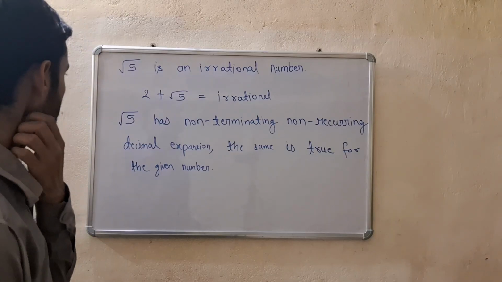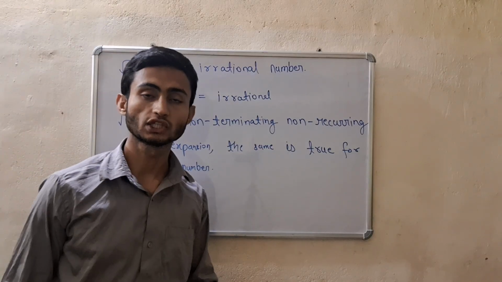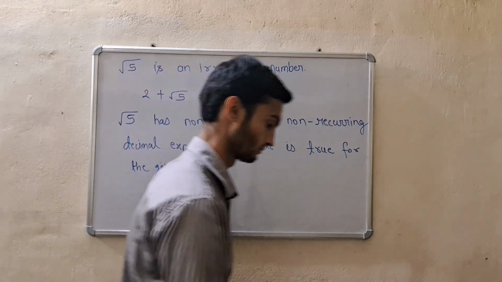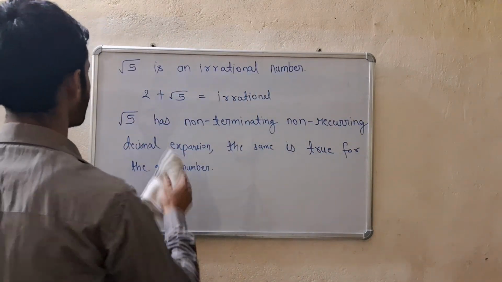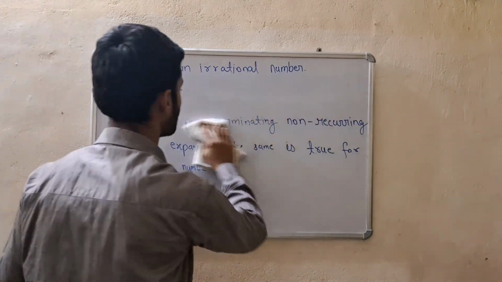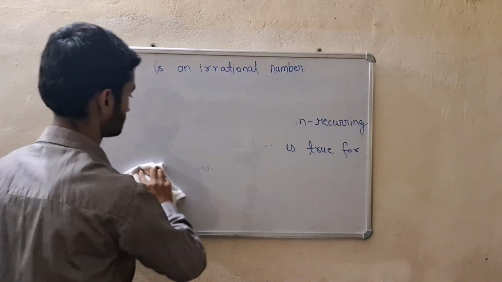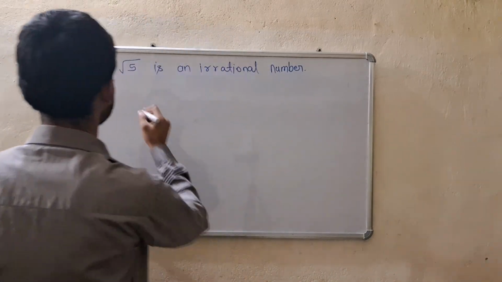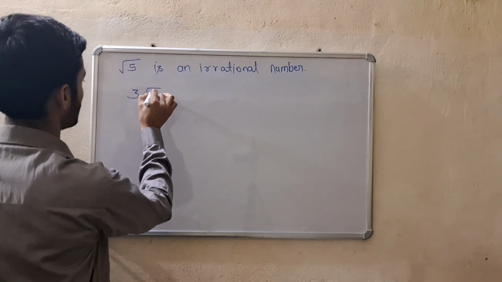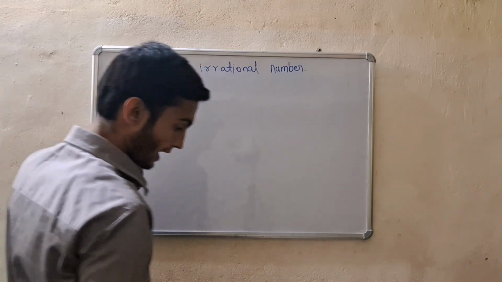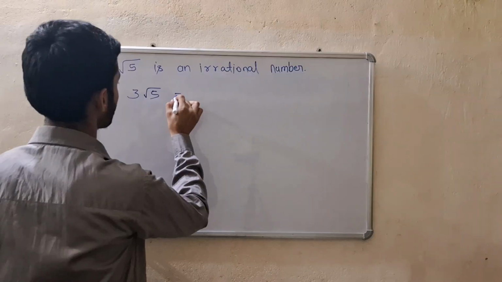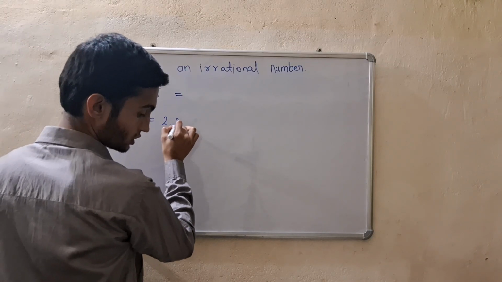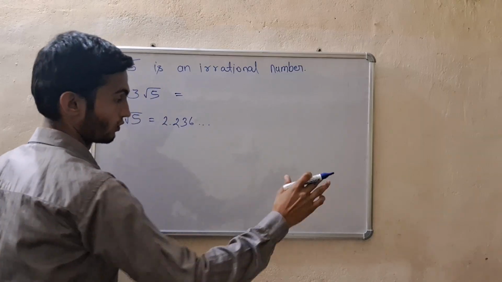Now let us see what happens when we multiply a rational number by an irrational number. Let's say it is 3 times square root of 5. Square root of 5 equals 2.236 and so on.